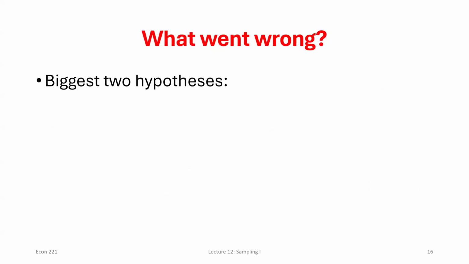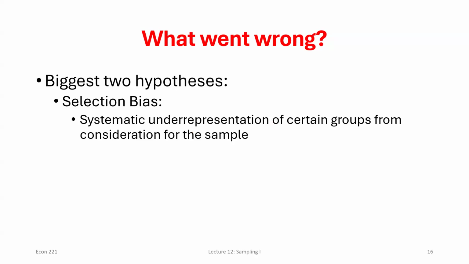So there is a really good example to use two types of bias, right? So the first is going to be what we call selection bias, right? So selection bias is if my sample is over or underrepresenting a specific group, right? So what's a good example of a selection bias?